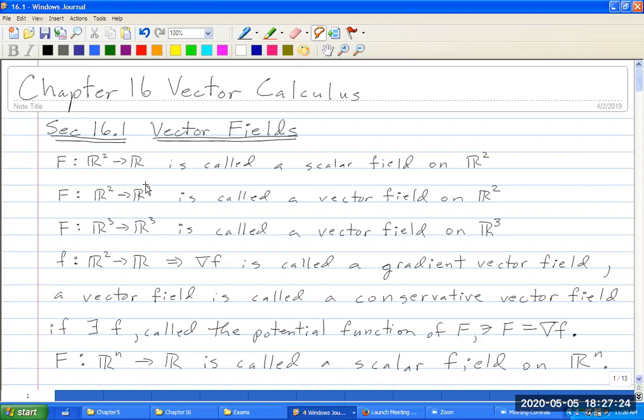If you put a magnet underneath it, what you'll notice is that they all orient in a certain fashion, so there's some vector that's associated with every point in the plane.